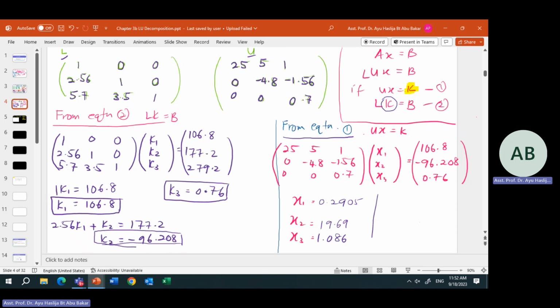Okay, your answer might differ a little bit from the answers over here, as long as it is in the range. Sometimes it depends on the decimal points that you take from the beginning of your calculation.